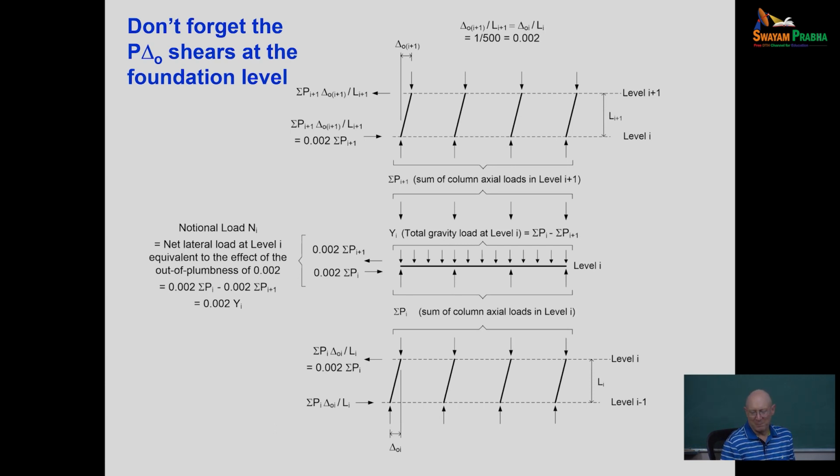Well, it's that way because at the foundation, you left out the P delta shear that went into determining the notional loads. So you'll always want to include that P delta shear at the foundation level if you're carrying your results to your foundation and then designing that.